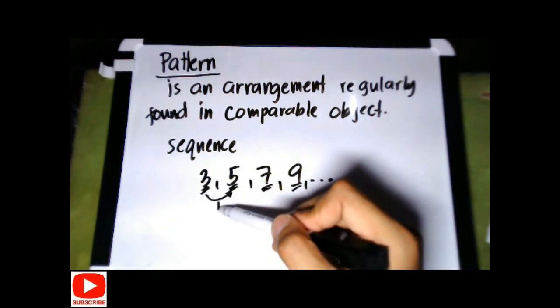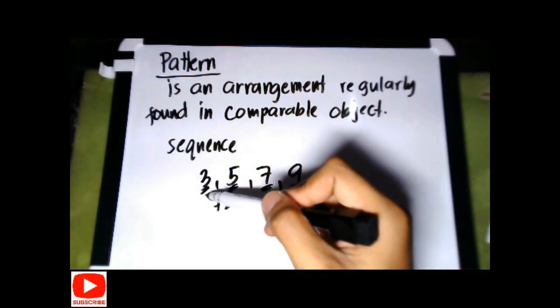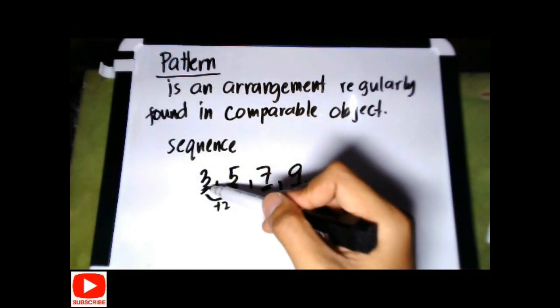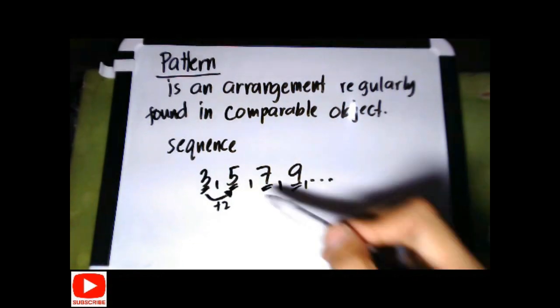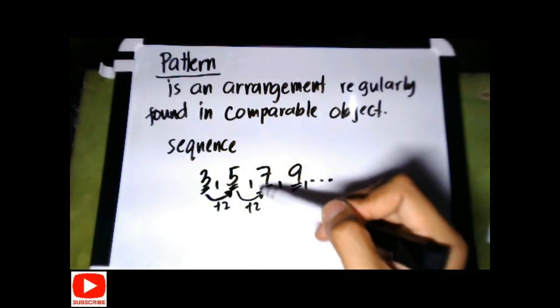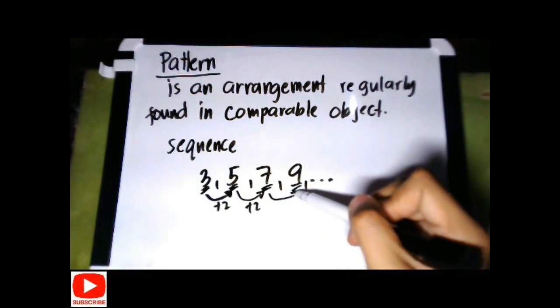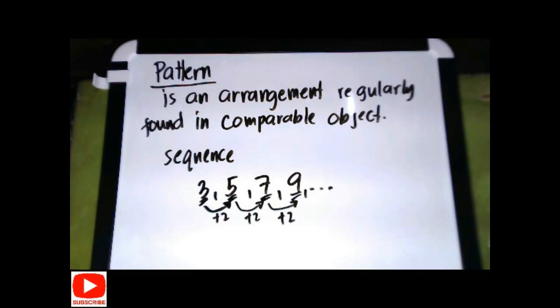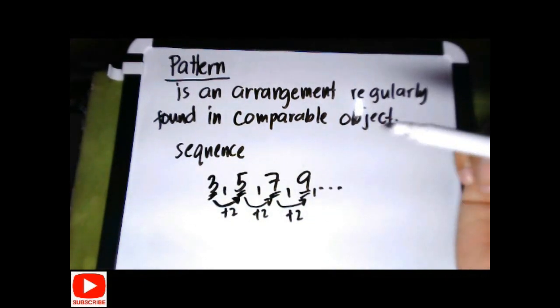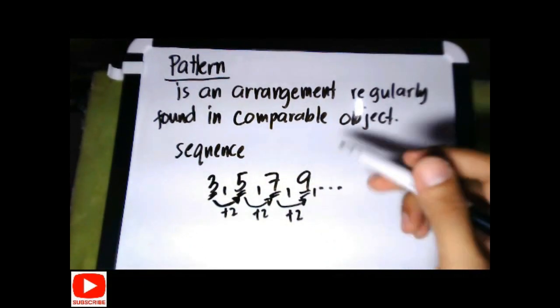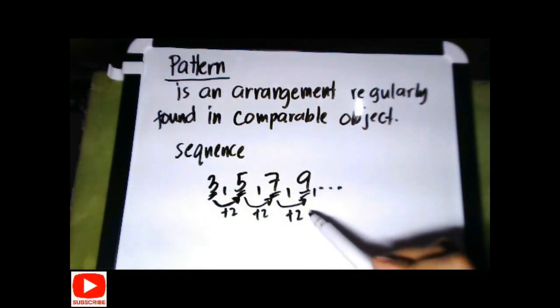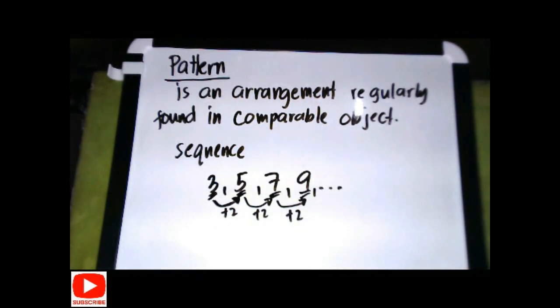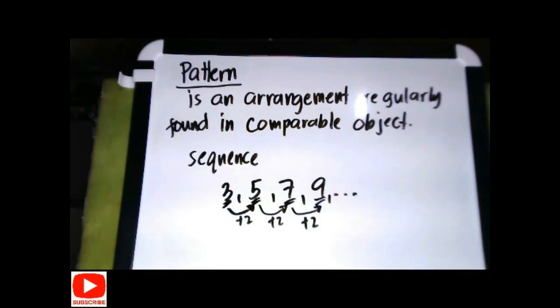Maybe we add 2 here. So we add 2 to 3 to get 5. We also add 2 to 5 to get 7. We also add 2 to 7 to get 9. So the pattern here is we keep on adding 2 to get the next term.